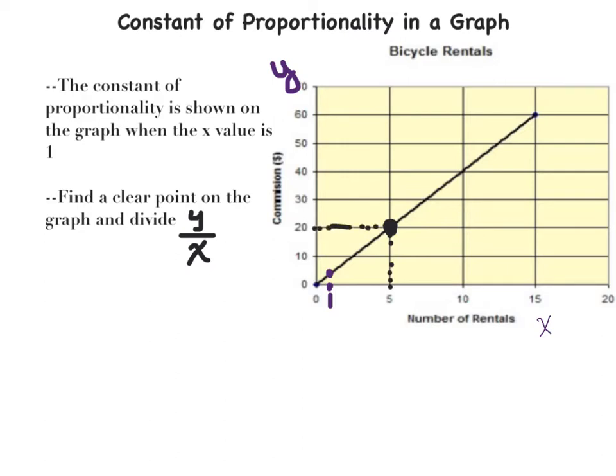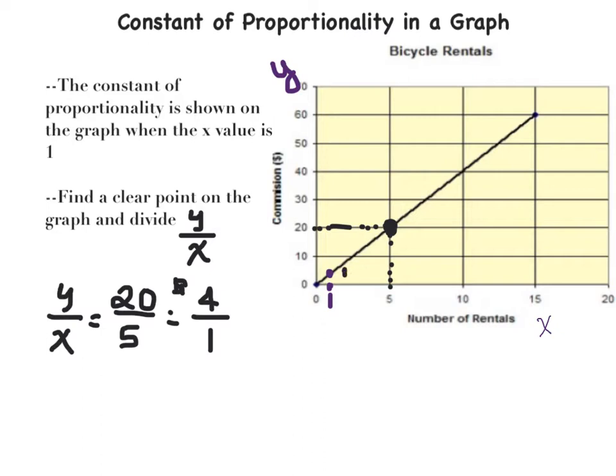So now that I have my clear point, I'm going to write it as y over x, and I'm going to divide. 20 divided by 5 is 4. So my constant is $4 for every 1 rental.